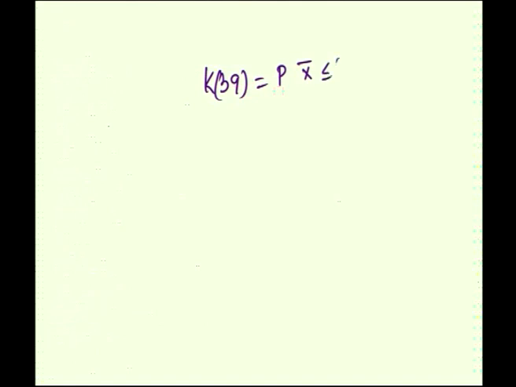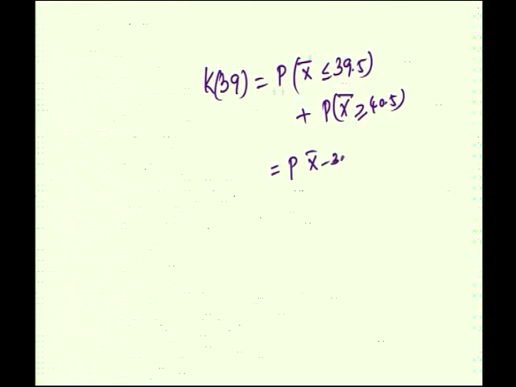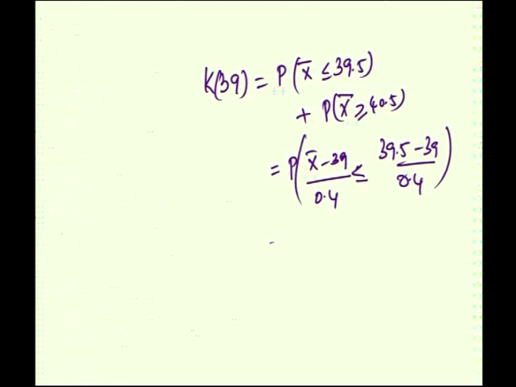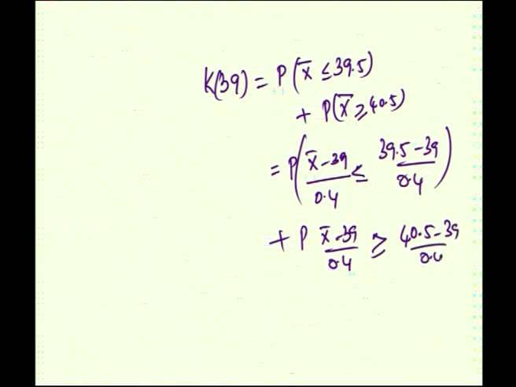Okay, the power of the test will be k of 39 is equal to P of x bar less than or equal to 39.5 and at the same time x bar greater than or equal to 40.5. So, P of x bar minus 39 by 0.4 is less than or equal to 39.5 minus 39 by 0.4, plus similarly P of x bar minus 39 by 0.4 is greater than or equal to 40.5 minus 39 by 0.4.